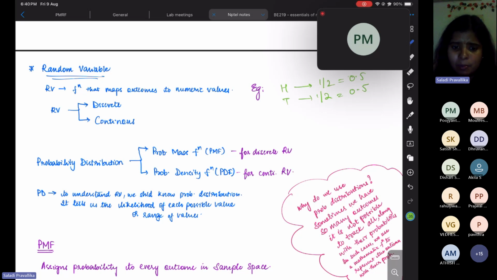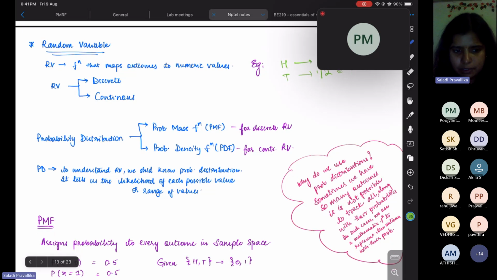Then I can't keep on writing, okay, P of red is this, P of green is this, like that. It's not possible to track everything. So instead, we use a mathematical function to represent these outcomes. Those are called probability distributions.